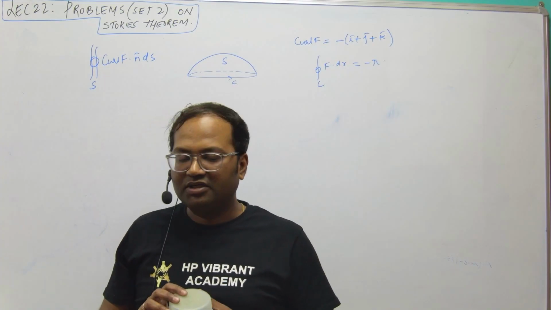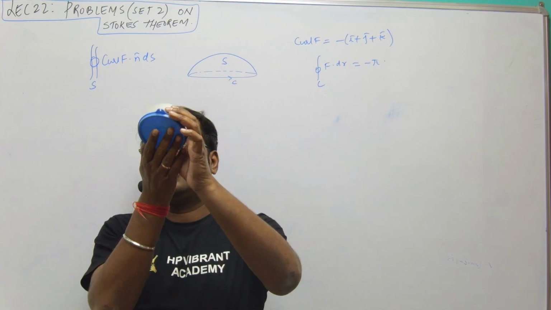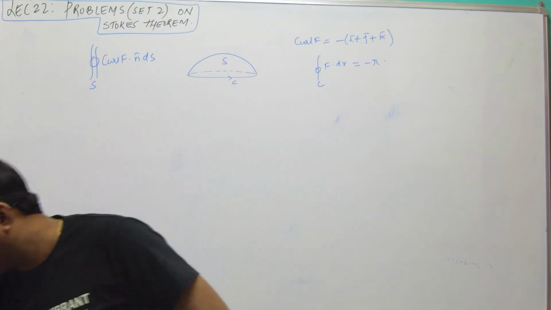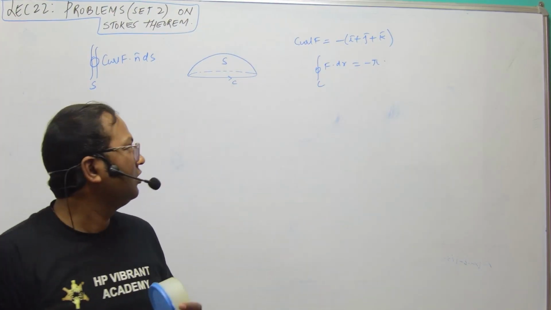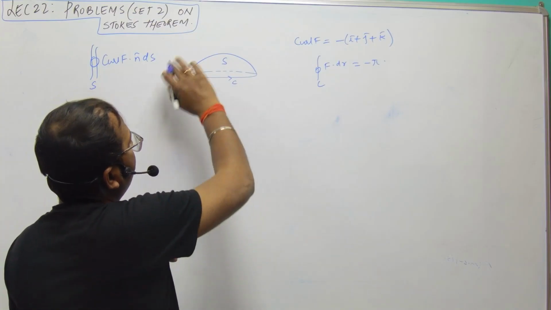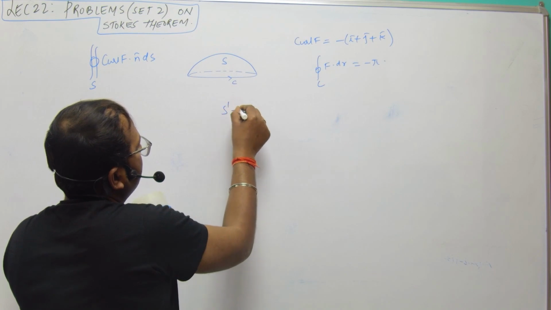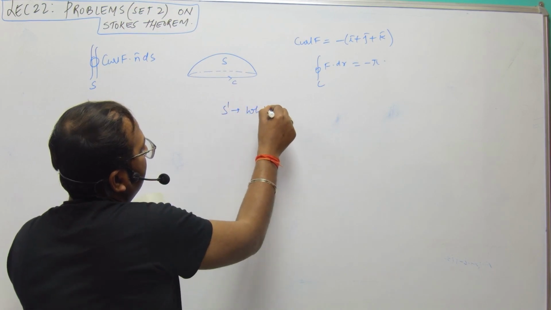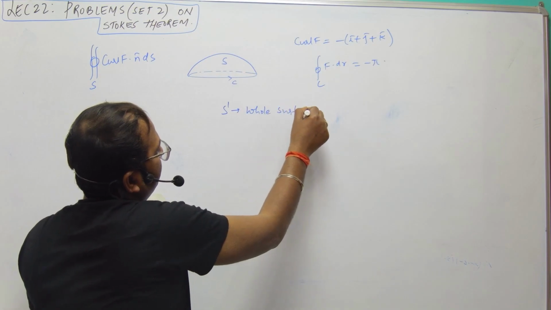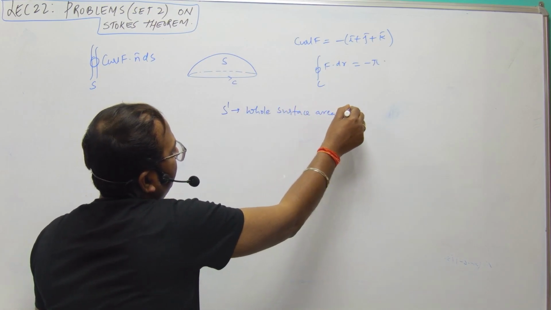Let us consider the whole surface area of this closed body as S dash. S dash is the whole surface area of the closed surface.